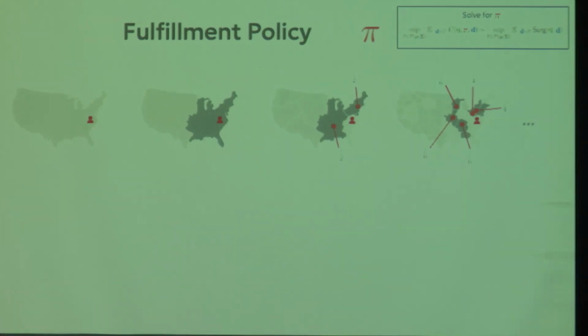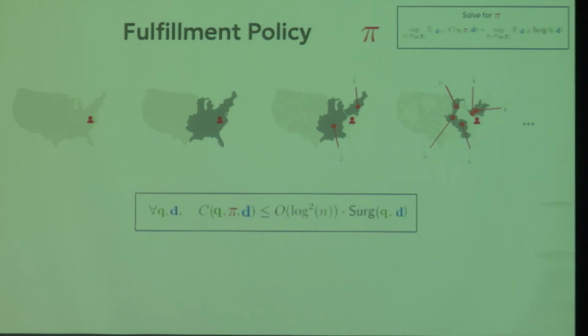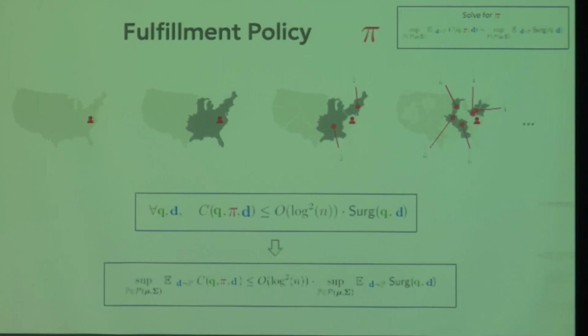With this fulfillment policy, we can show that for any demand realization, and this is actually a point-wise result, the upper bound is within log square n of the surrogate cost, where n was the number of warehouse locations.